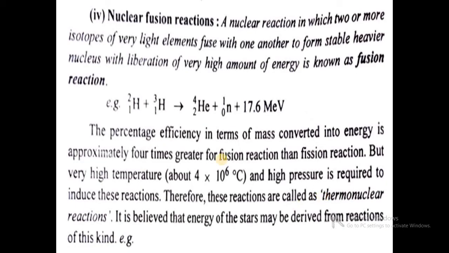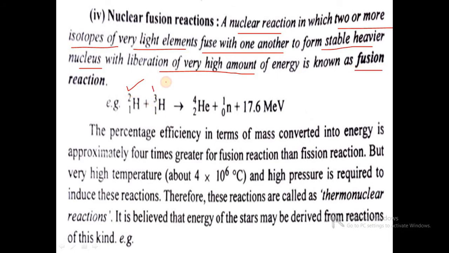In the overall nuclear fusion reaction, first we will see the definition. A nuclear reaction in which two or more isotopes of very light elements fuse with one another to form a stable heavier nucleus with liberation of a very high amount of energy is known as a fusion reaction.